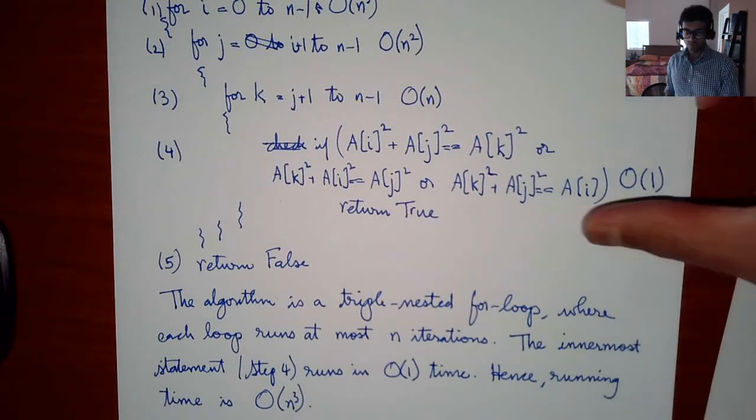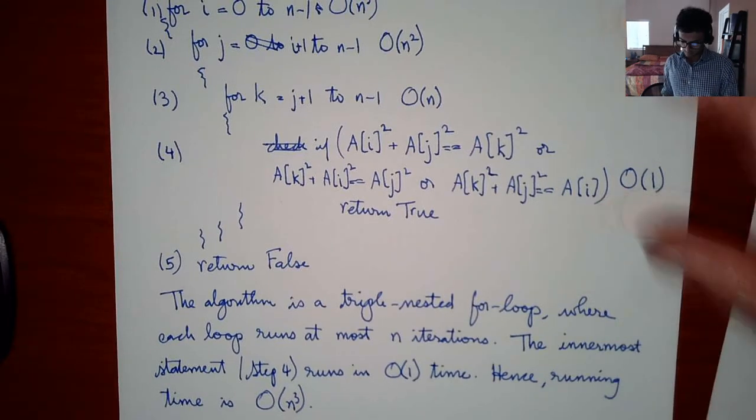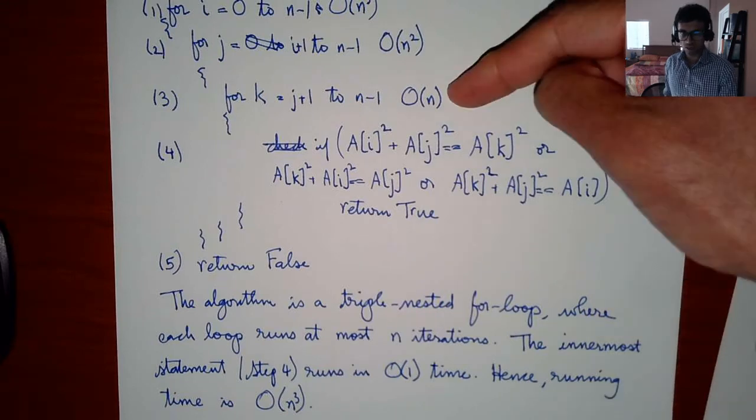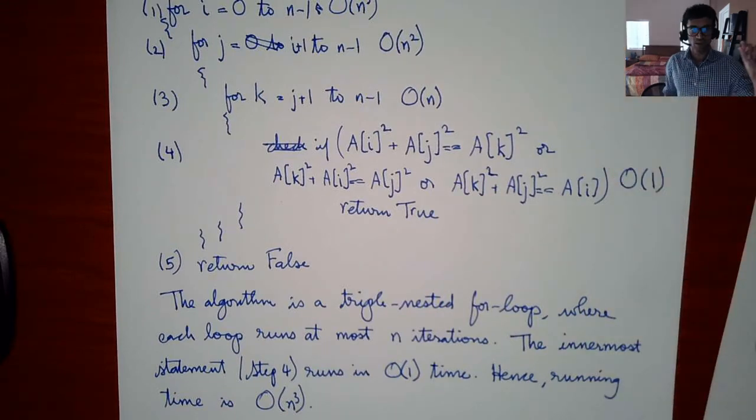Right? So this is the pseudocode of the algorithm. This is the runtime analysis. It's convenient to write the runtime of each statement by the side so that you can track it, and then this gives you your solution. If you get this in an interview question and this is what you do, then you will pass the basic test. And then they will check whether you can go further and improve it.